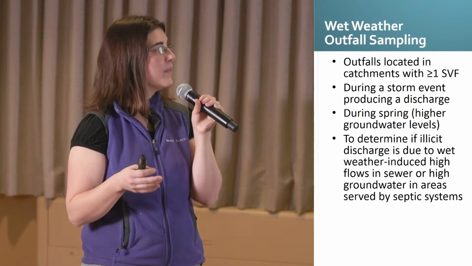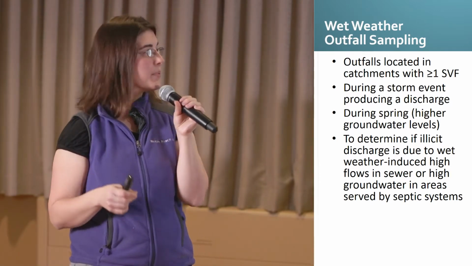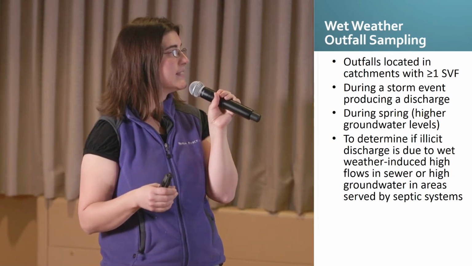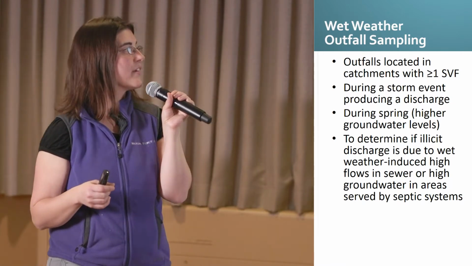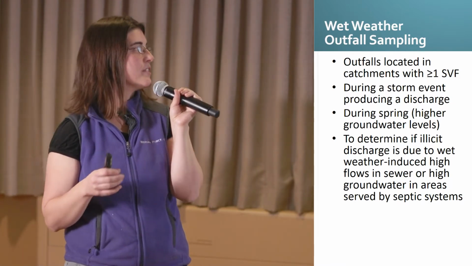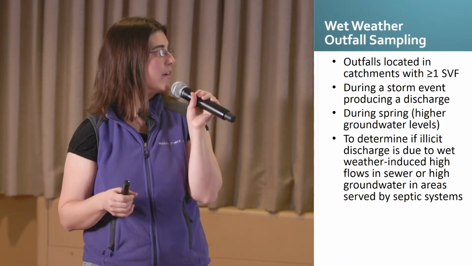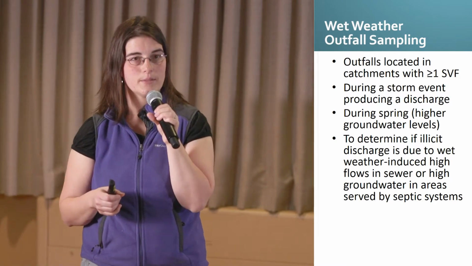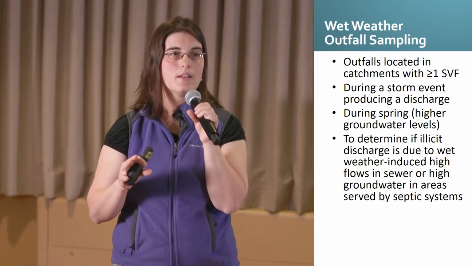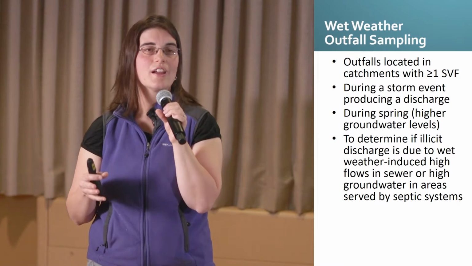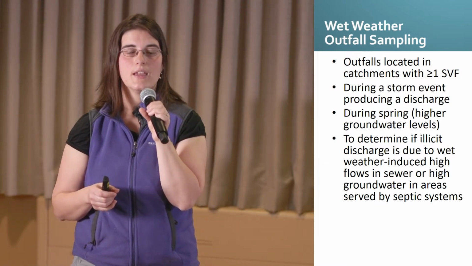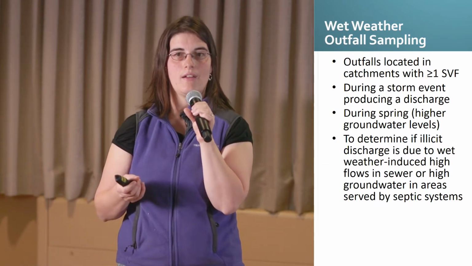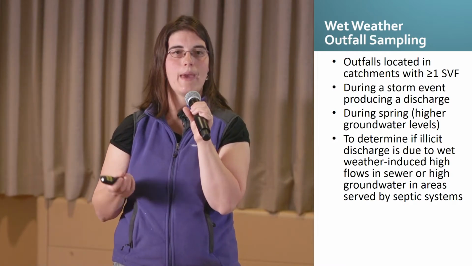The purpose of wet weather sampling is to determine if an illicit discharge is due to wet weather induced high flows in the sewer, or high groundwater in areas served by septic systems. So it's a little bit different. And it's really hard to coordinate wet weather events. They usually don't occur when they are most amenable.